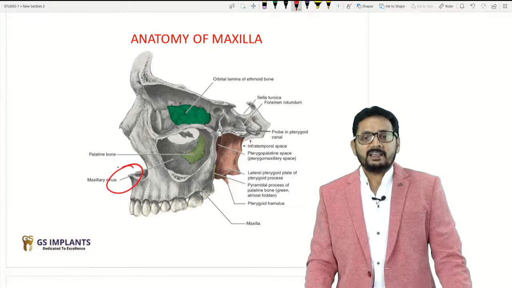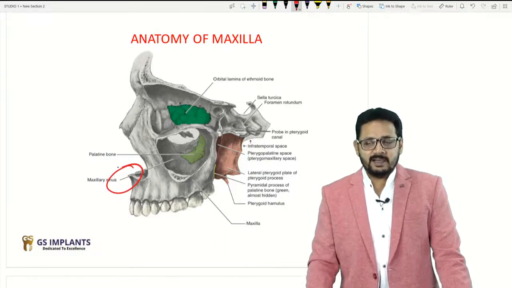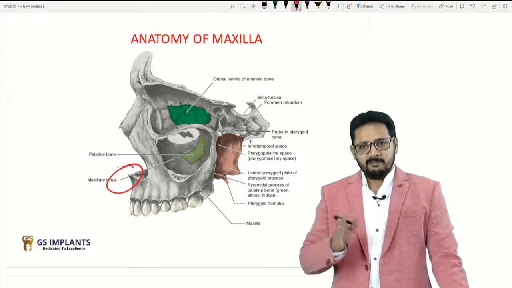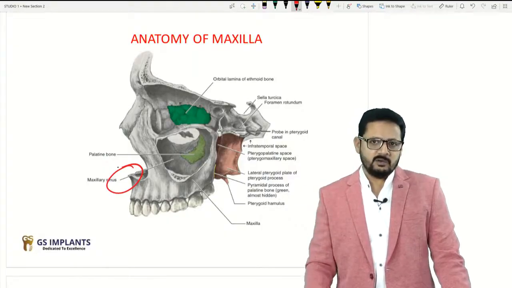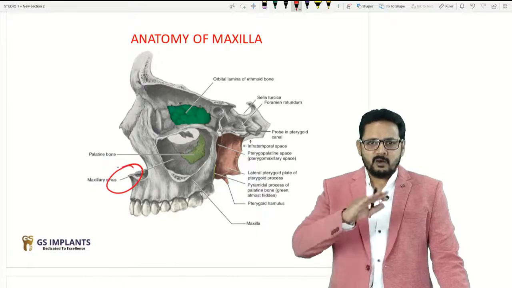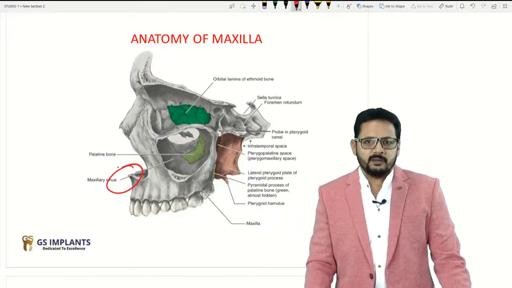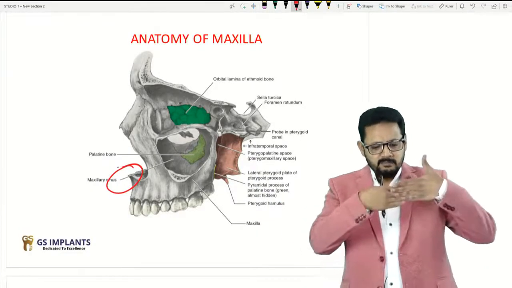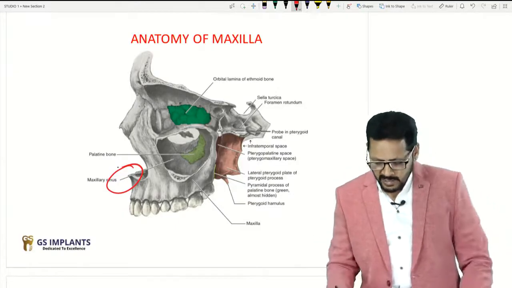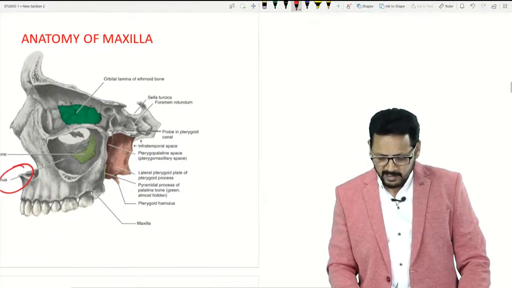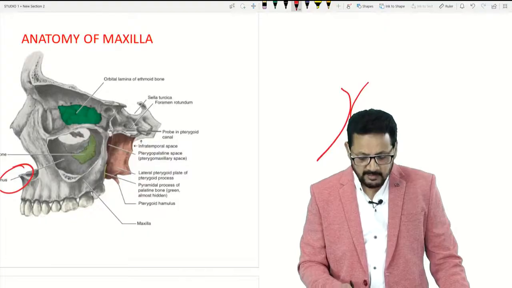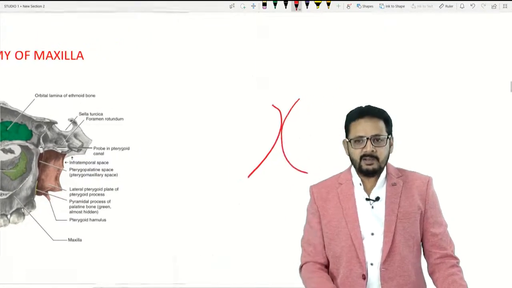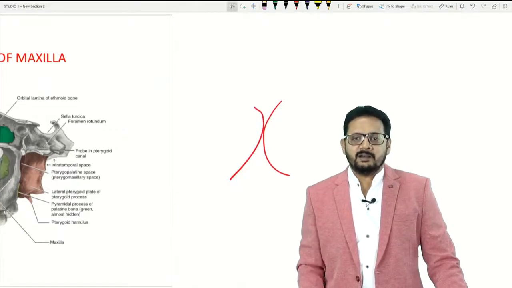See, there are situations where, let us say for example, you want to place an implant in the 1-1 region or 2-1 region, or sometimes there is a concavity of bone, and sometimes the bucco-palatal bone structure is so narrow that it becomes impossible for you to place an implant.